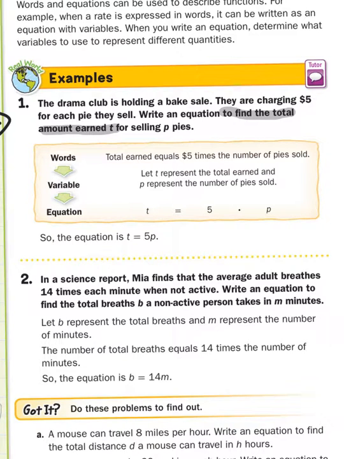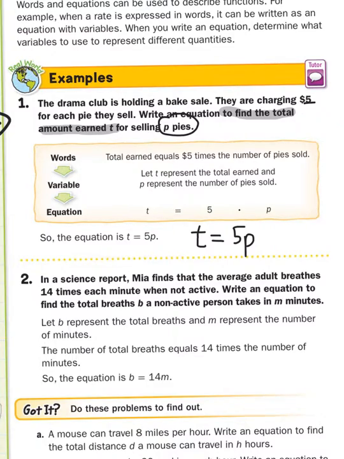So we start with T equals. Now, p represents the number of pies, so if it's $5 for each pie, you would do 5 times p. Multiplying 5 times p, the number of pies, would get you T, the total amount earned.